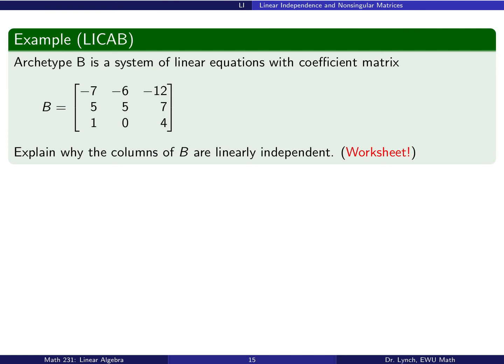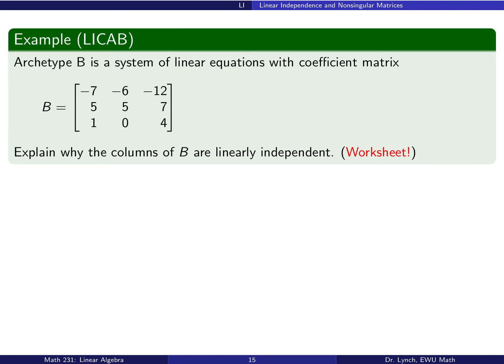Okay, similarly, for the matrix B associated with archetype B, I'll have you use the fact that the matrix B is non-singular to explain why the columns of B are linearly independent. Okay, and again, this is something for you to work on a worksheet.